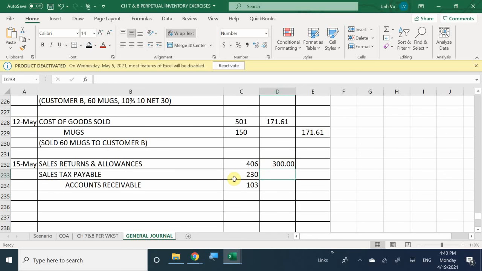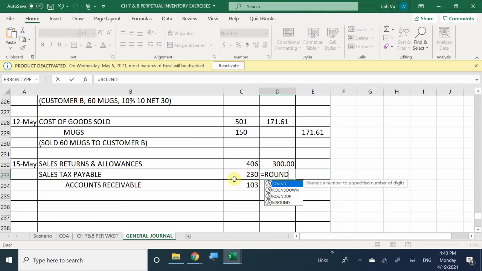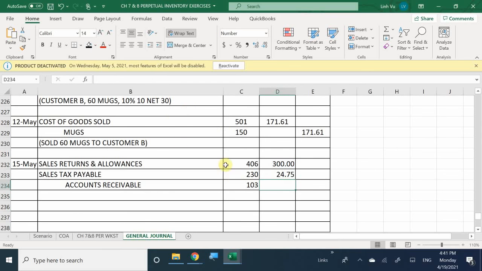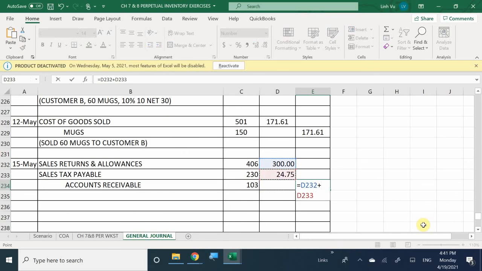So how much tax am I going to be giving back as well? $24.75. So in grand total, how much am I refunding customer B? $324.75.